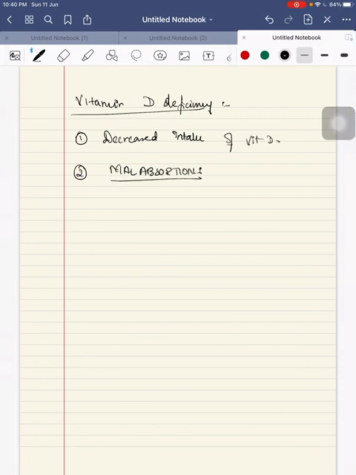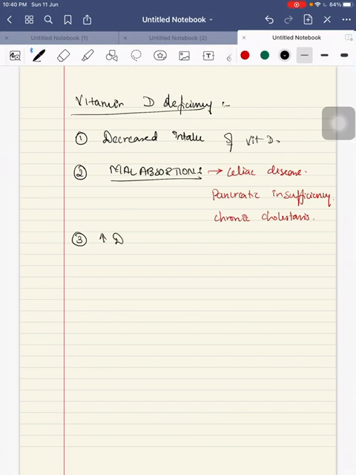So the causes of malabsorption can be celiac disease in a child, or when the child has a pancreatic insufficiency, or when there is a chronic cholestasis. Okay, these are the causes of malabsorption leading to the vitamin D deficiency.